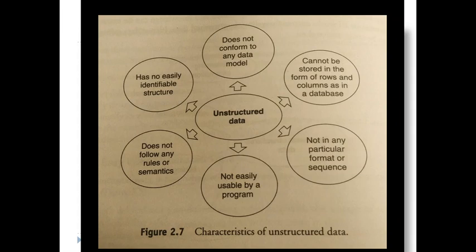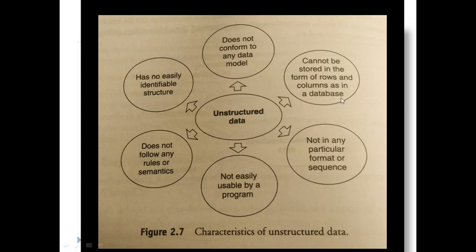So there is no standard data model till date which can be used to classify or to store unstructured data. Correspondingly, we can say that unstructured data is the data which does not conform to any data model till date. It cannot be stored in the form of rows and columns as in a database.